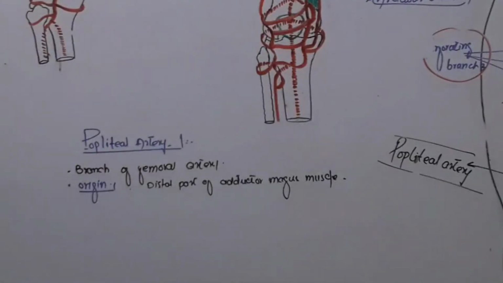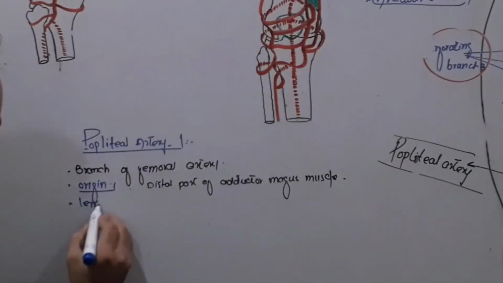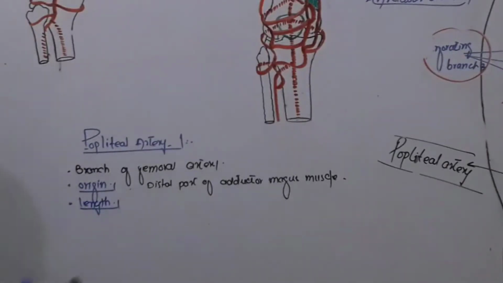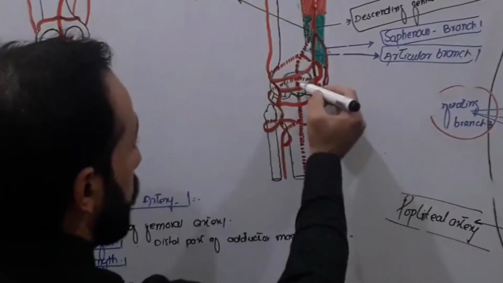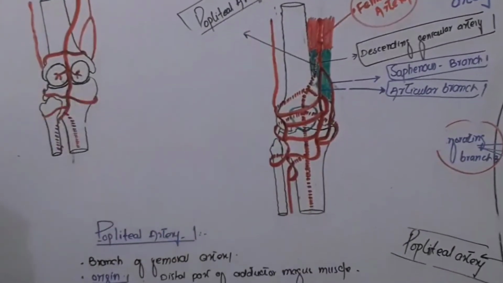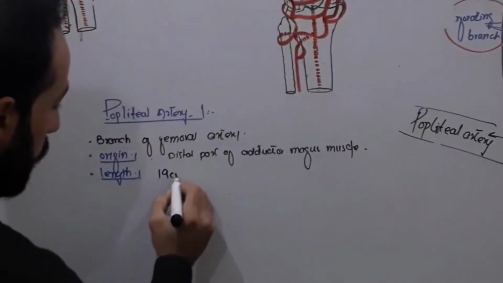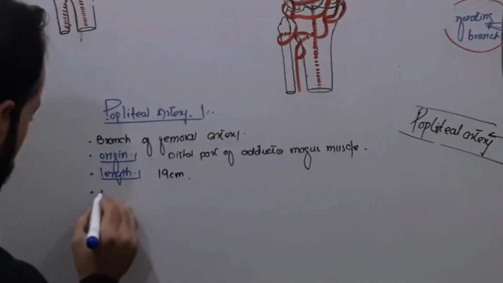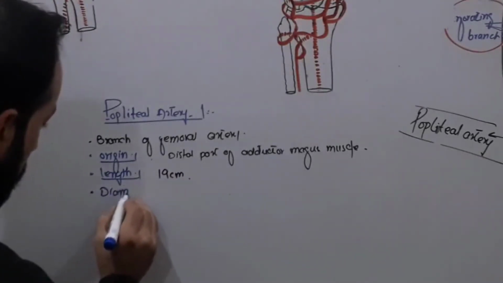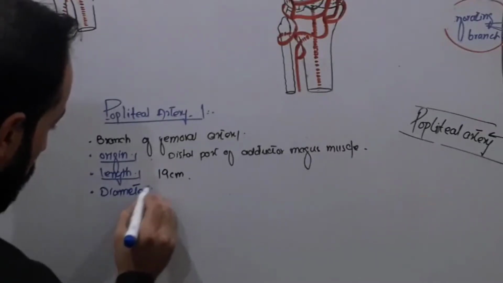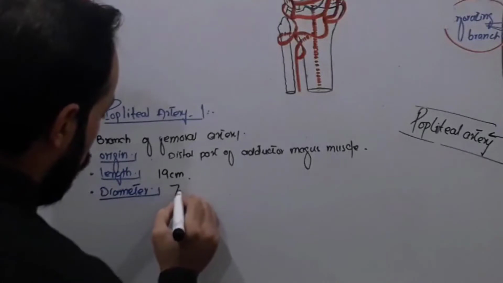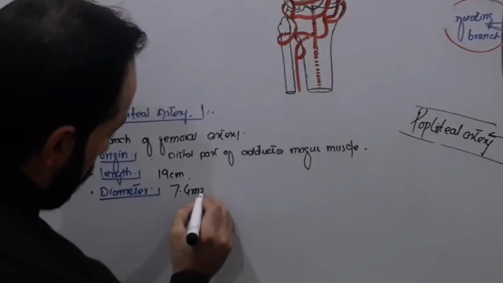Clear, friends? Now what is the length of this artery? Its length, from the point of origin up to the point of bifurcation, is about 19 centimeters. The diameter of this artery is about 7.4 millimeters.